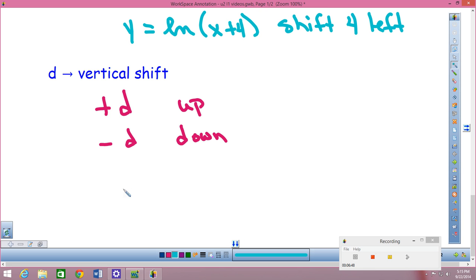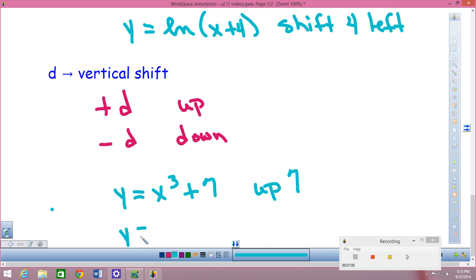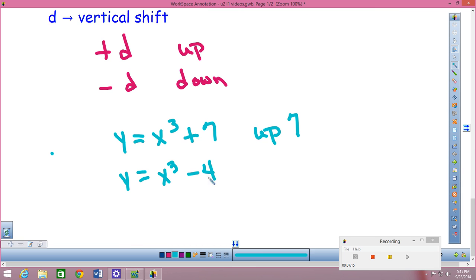Let's say I've got y equal x to the third power, the cubic function, plus 7. This graph is going to shift up 7. If I've got y equals x cubed minus 4, then this graph is going to shift down 4.